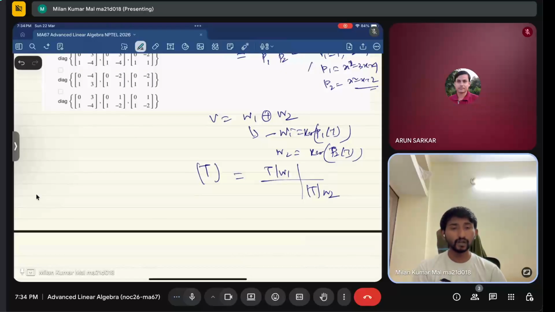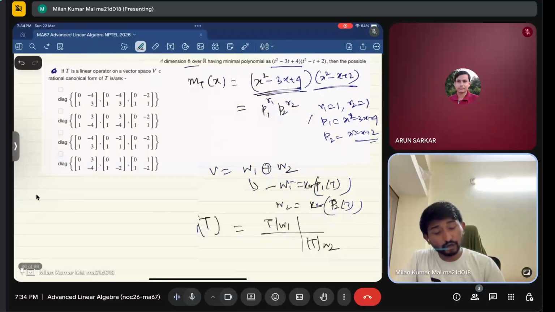Now if I take each of the spaces Wi, then for T restricted to Wi we have these polynomials.